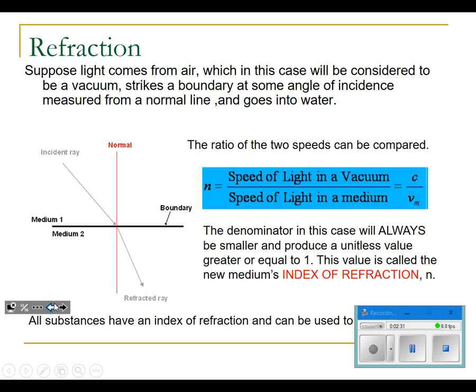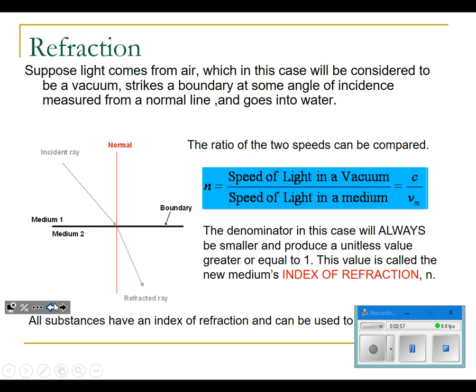Now notice the index of refraction is always going to be what I call a unitless or naked number, because we're going to have meters per second divided by meters per second, which are going to cancel out. So the denominator in this case will always be smaller and produce a unitless value, like I said, that's greater than or equal to 1. This value is then called the new medium's index of refraction.